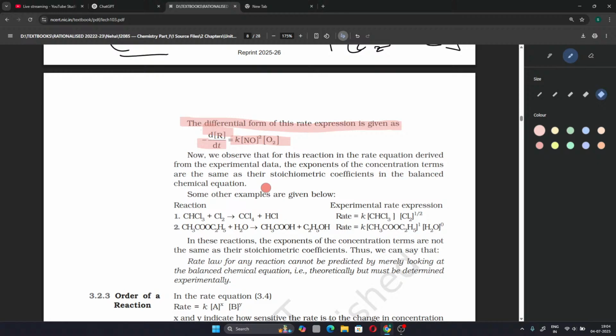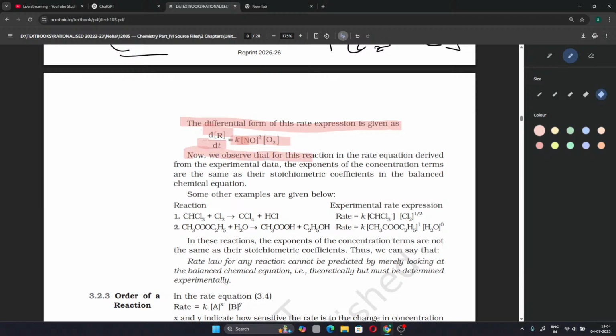Because of this, we concluded that nitrogen monoxide has an exponent of 2 and oxygen has an exponent of 1. k is the rate constant, and minus d[R]/dt is the change in reactant concentration.